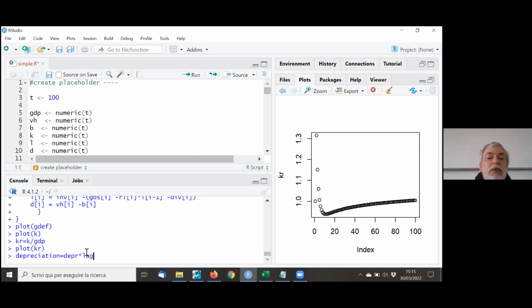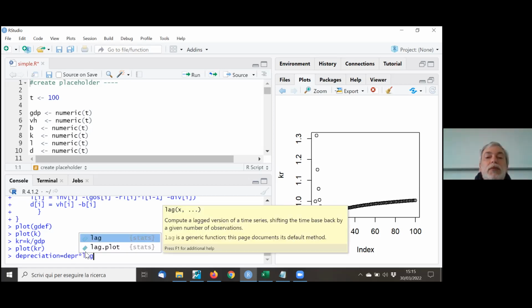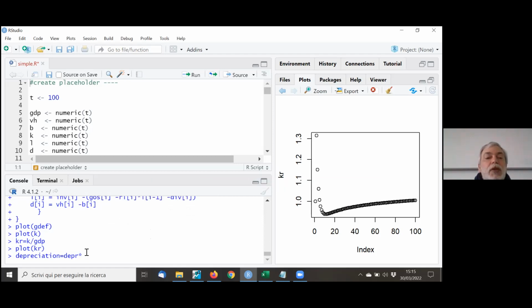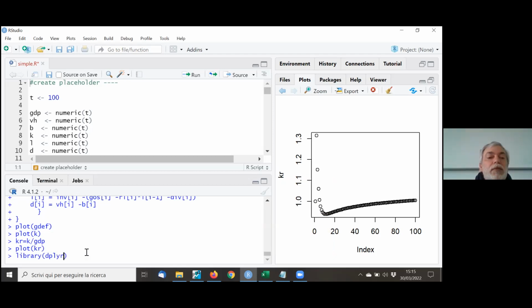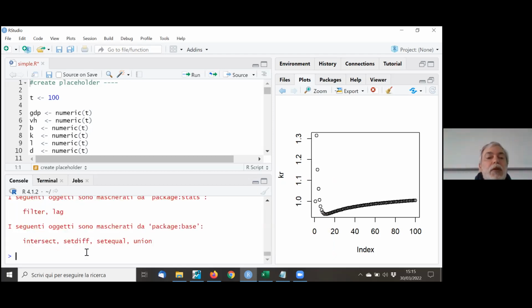Although I think we should load the package where this lag function is. Yes, but this requires a time series. Exactly. So could you please try to load the dplyr package? With the library function, you just type library and dplyr. Yeah, this one. See, because this is rewriting the lag function. And now what you were trying to do before.